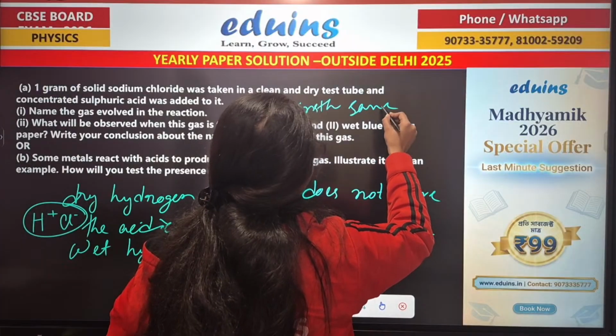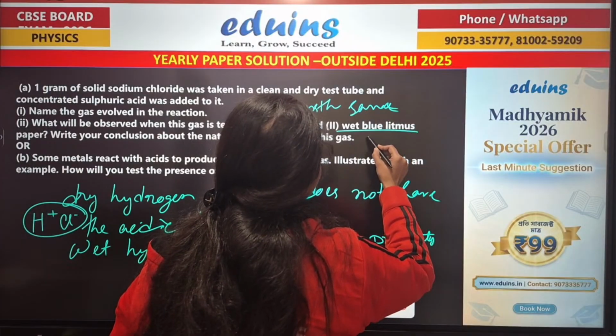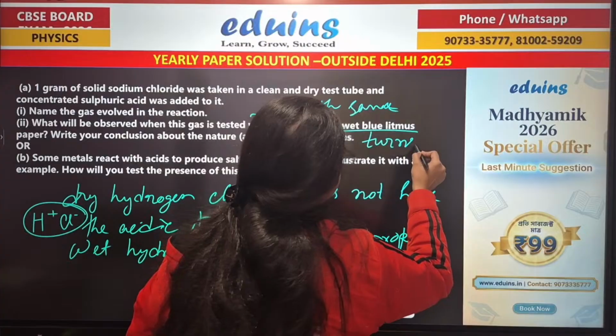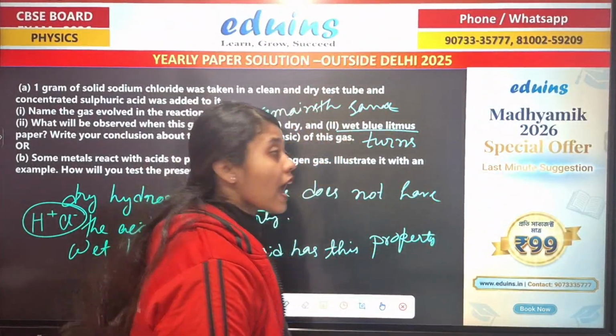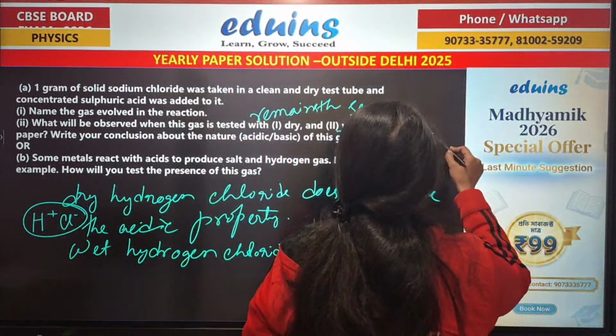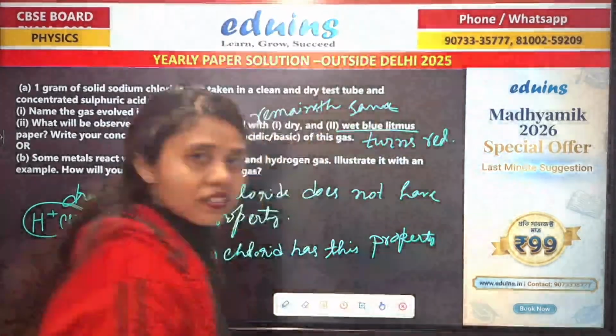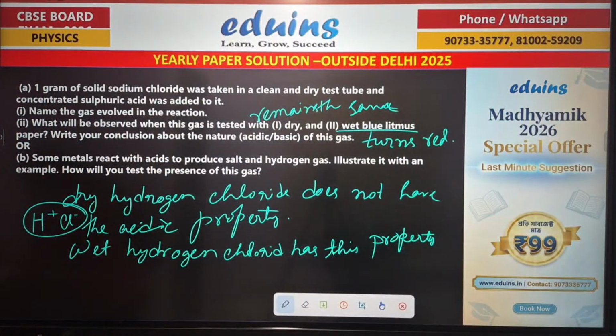But for wet blue litmus paper, it turns red because it has the acidic nature. Turns red. Okay, got it? Well done, students. Good, very good.